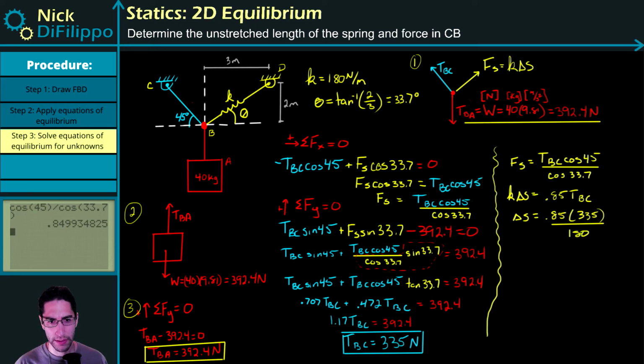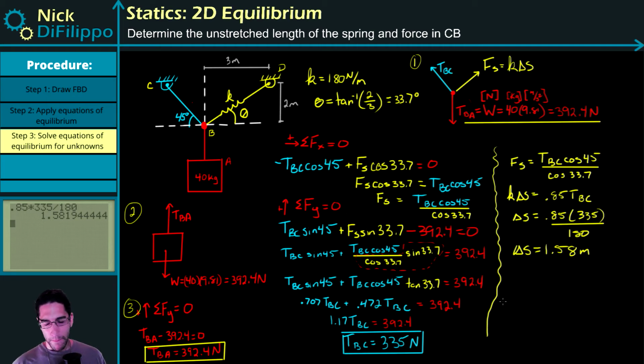So let's do that. 0.85 times 335 divided by 180 is 1.58 meters. All right, so this is saying the amount that the spring has stretched is 1.58 meters.